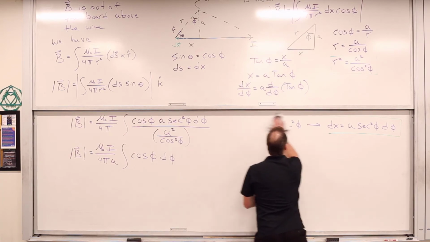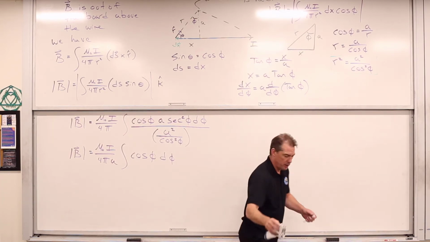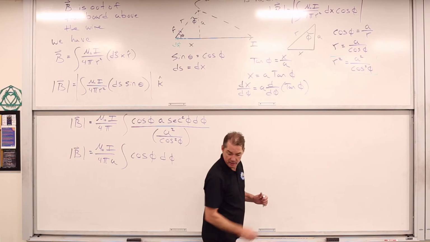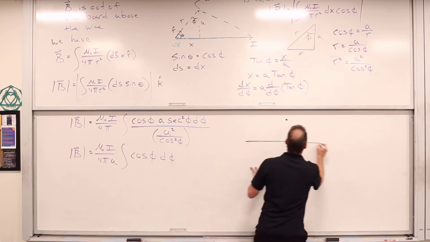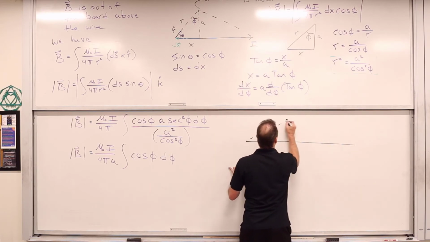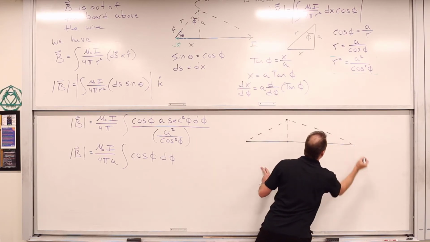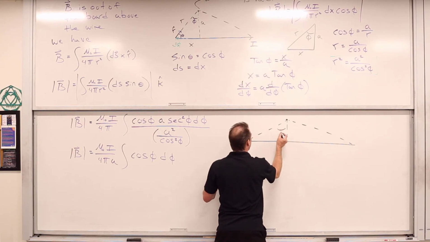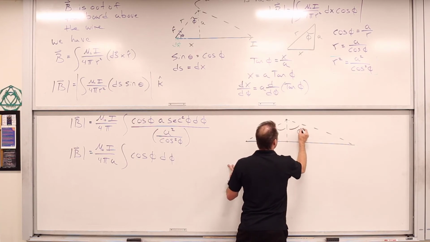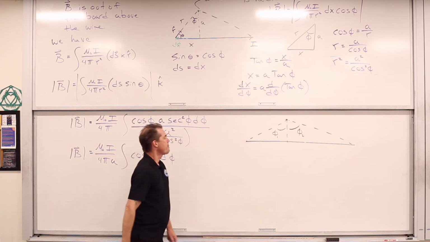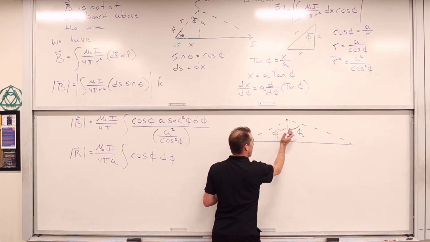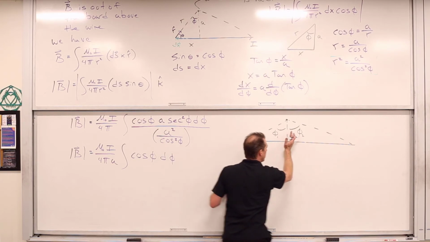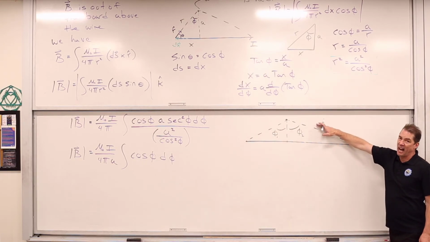We are going to throw in some limits of integration. And note that this is what we're really looking at. We can take our point here, we can take our line there, and from the ends we could call this some phi 1, and we could call this some phi 2. And note that we go from phi 1 to 0, and then from 0 to phi 2 in the opposite direction.